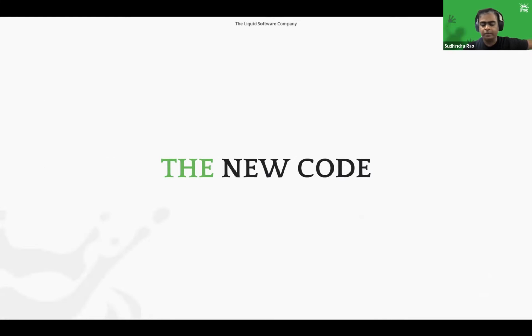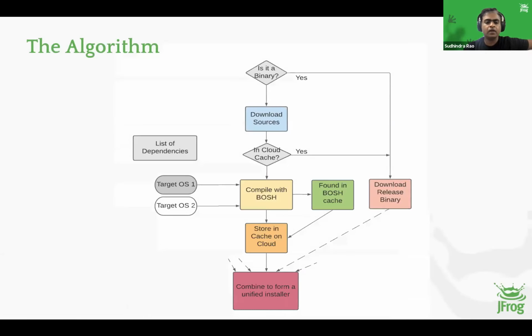How did the new code look? Let's look at the new code, because again we are going out of order. Going back to what the basic algorithm was, we needed to combine a bunch of binaries, and we needed to go through different locations where such a binary might be available. If not, we would need to build it. And if we needed to build it, then we would need to start from a source, find it in cache.